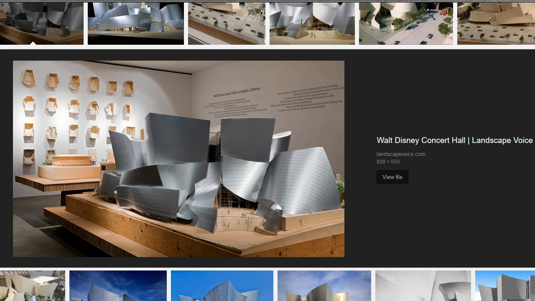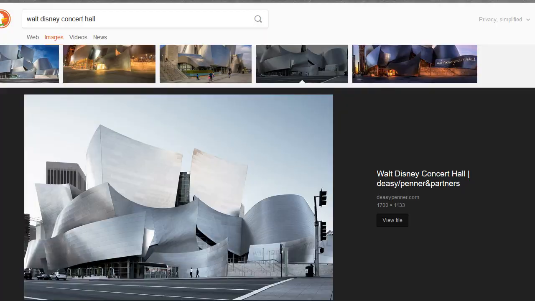This is a model of the Walt Disney Concert Hall in Los Angeles. And of course, it's a lot cheaper and easier to make this. It's a lot simpler than actually building the real Walt Disney Concert Hall. So you build a model first to help understand things.